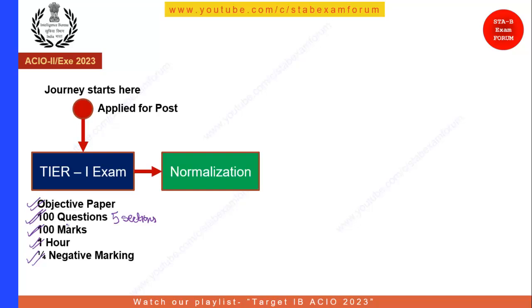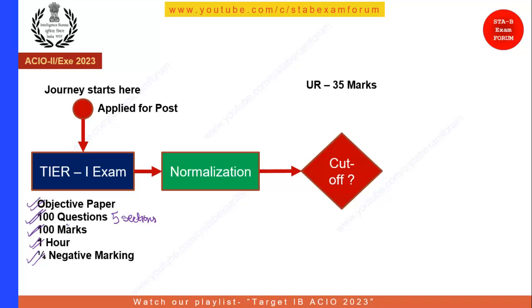Based on the performance of different candidates in different shifts on different days, they will make a cutoff. The first thing is the cutoff for getting into the merit list for the tier 2 exam. For unreserved, the cutoff is a minimum of 35. This is the minimum cutoff.